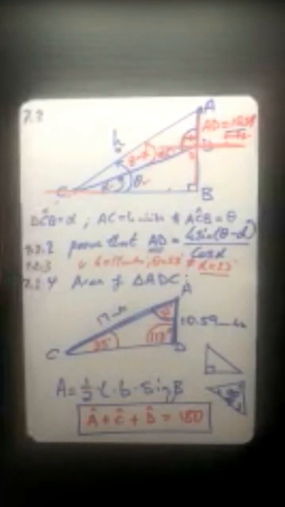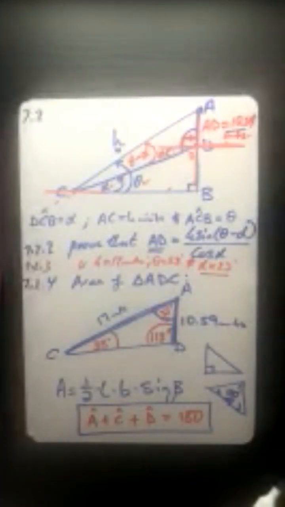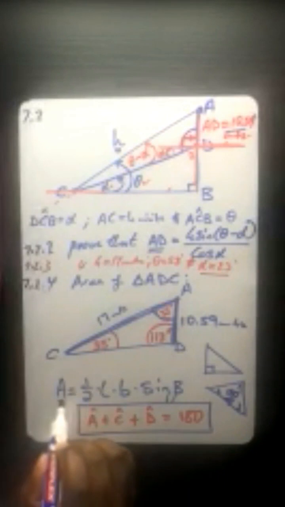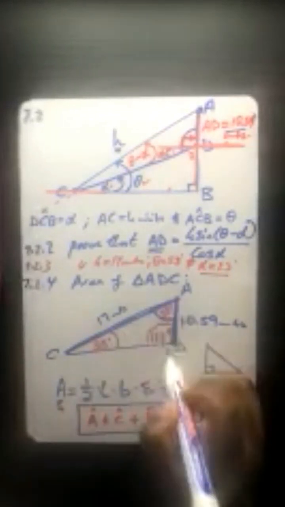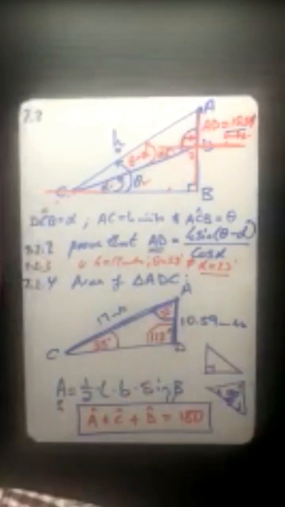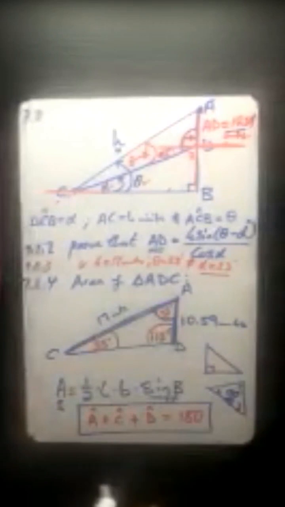Which means before you can worry about all of this, you need to understand how the area formula works. You need the side, and an angle in between, just like the sine rule: side, angle in between.